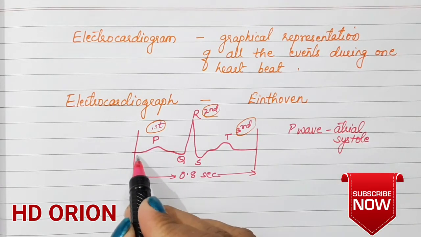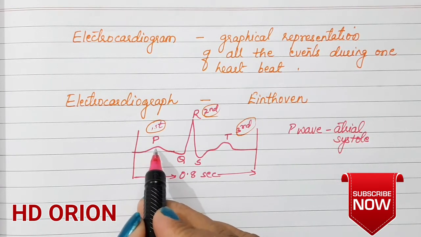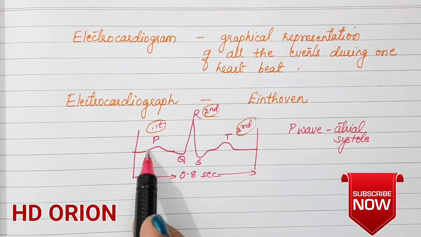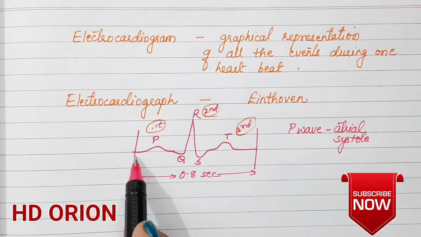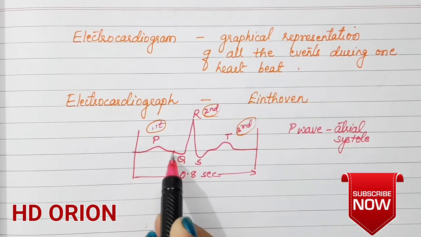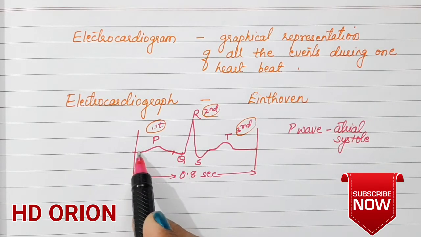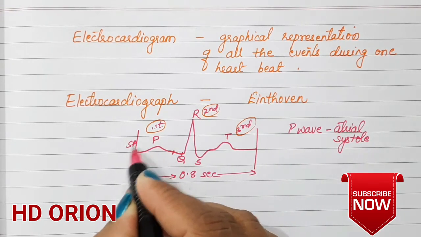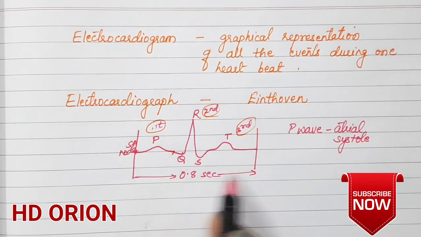As soon as this conducts, the auricles start contracting. When this P wave starts, the auricles start contracting. It prolongs for the particular time that we have already talked about in the cardiac cycle, and after this there is a small segment over here, the P and the Q. That means the SA node has generated the impulse, which is the start of the 0.8 seconds.